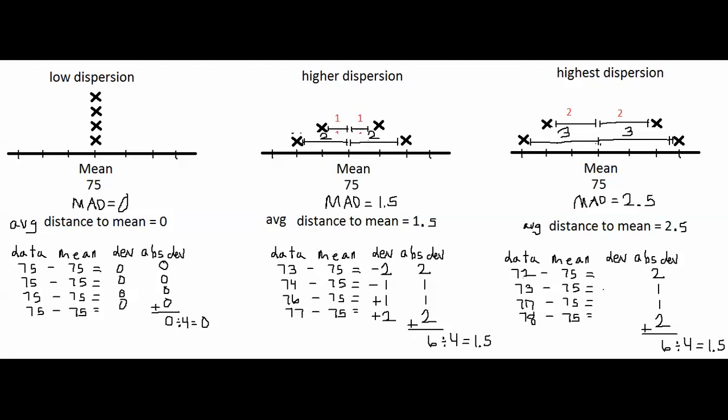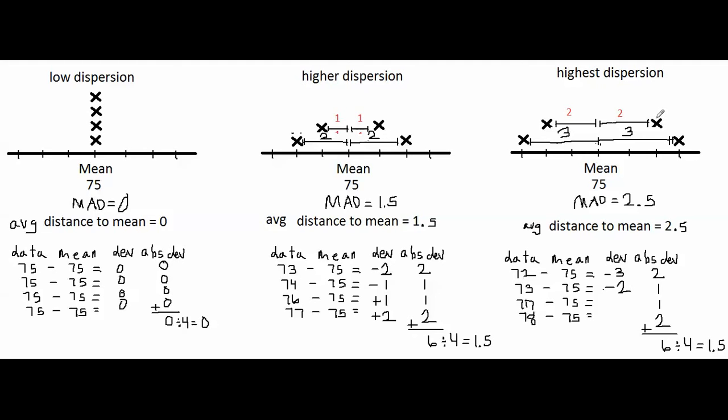And let's see if that's true. 72 minus 75 is -3. So this person does have a deviation of -3. This person who got an exam score of 73 is 2 below the mean of 75. So this person's deviation should be -2. Well, 73 minus 75 is -2.